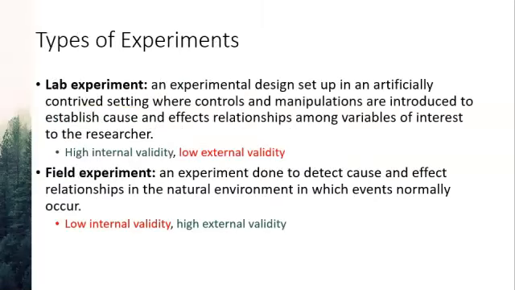Finally, we're going to examine two different types of experiments: lab experiments and field experiments. Lab experiments happen in an artificial setting where you can carefully control and manipulate the variables in order to establish very strong cause and effect relationships. Lab settings are often preferred because the experimenter can control other variables that might contaminate the variables under interest.